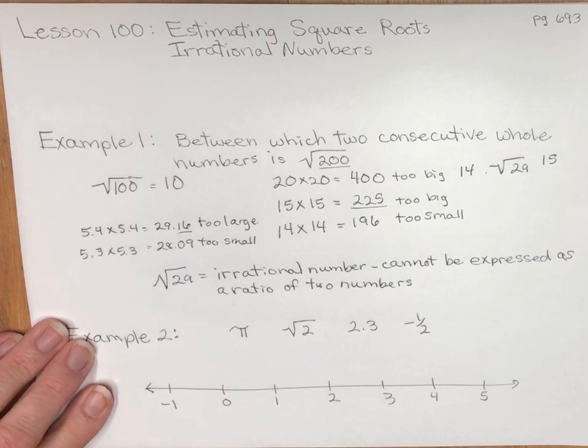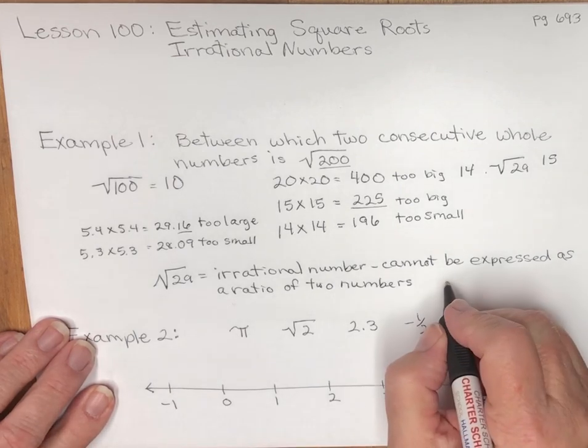Other examples of irrational numbers include pi, the circumference of a circle with a diameter of 1, and the square root of 2, the length of a diagonal of a square with sides of 1. The square roots of counting numbers that are not perfect squares are also included in that group. The irrational numbers, together with the rational numbers, make up the set of real numbers.